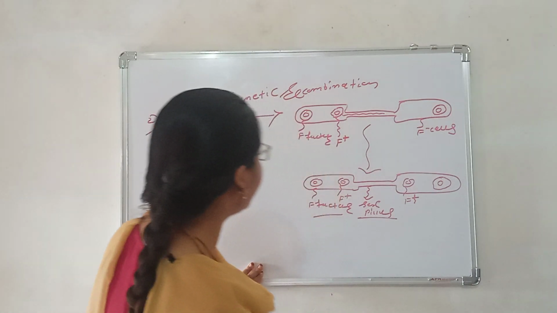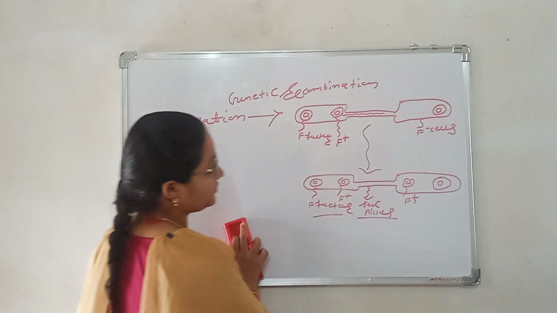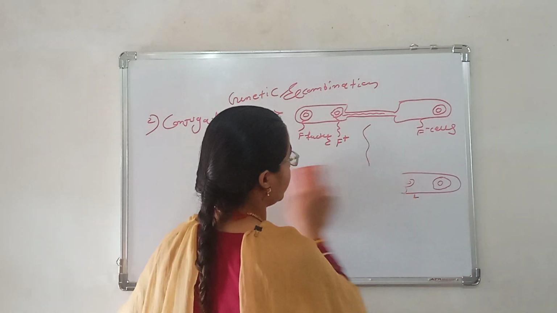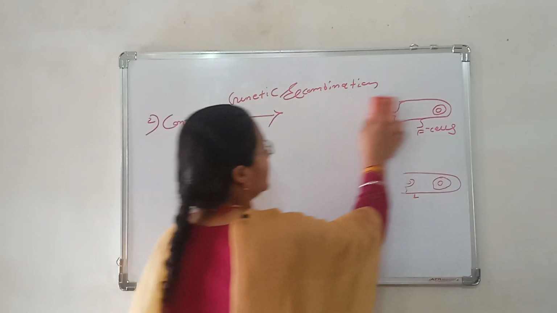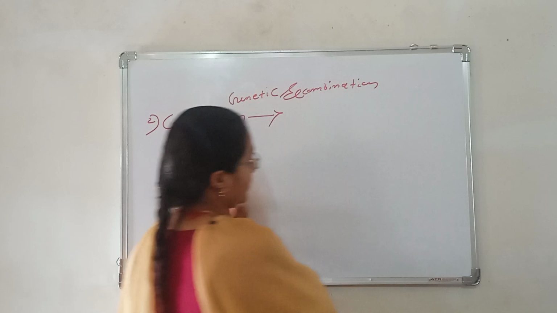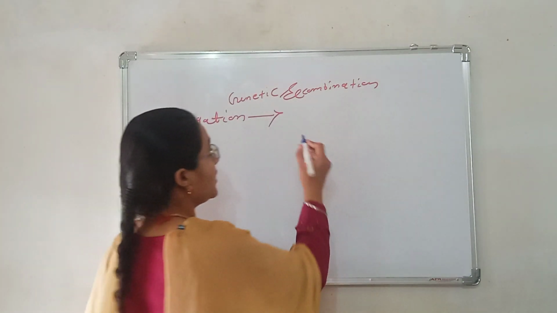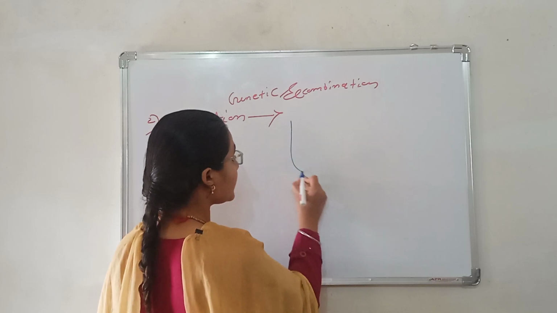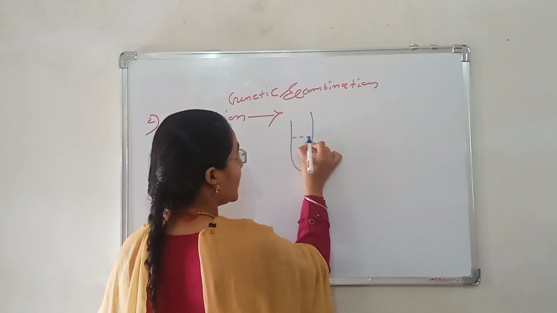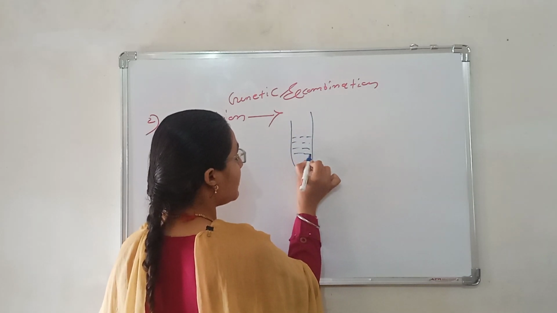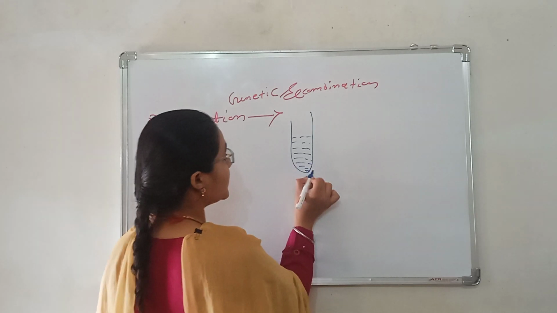So for the next step, I consider a few ingredients. For example, it's a tube. This tube contains one bacterial strain.